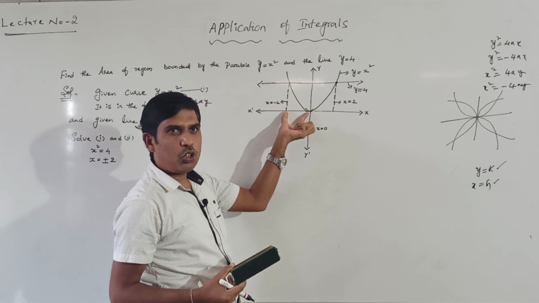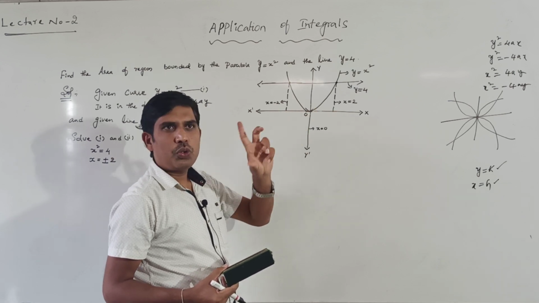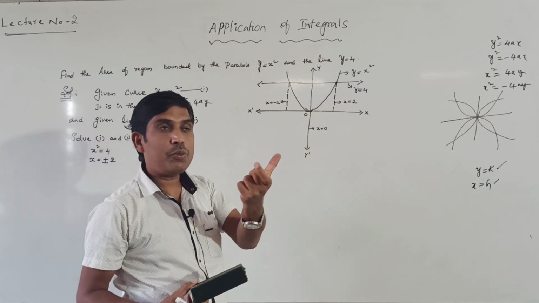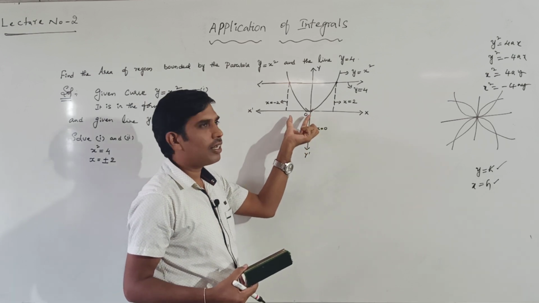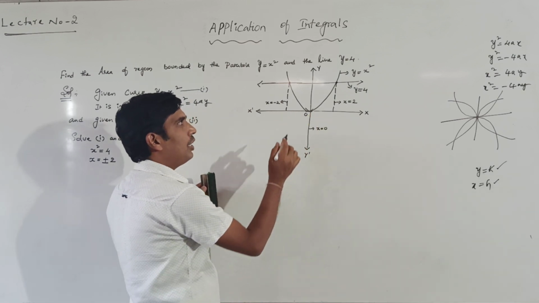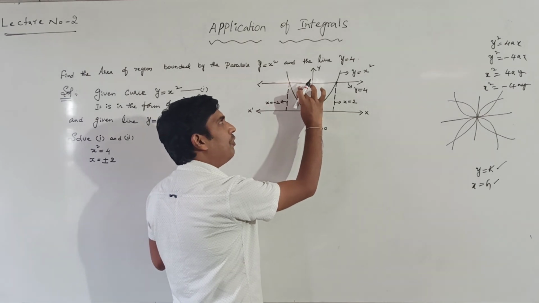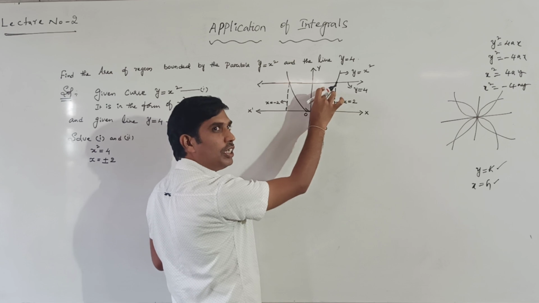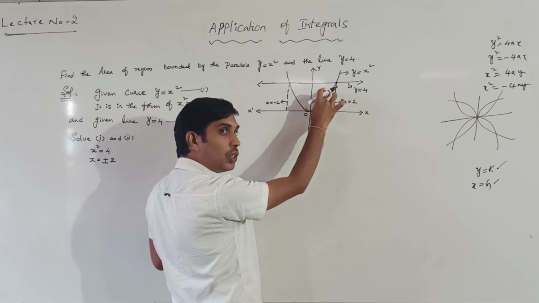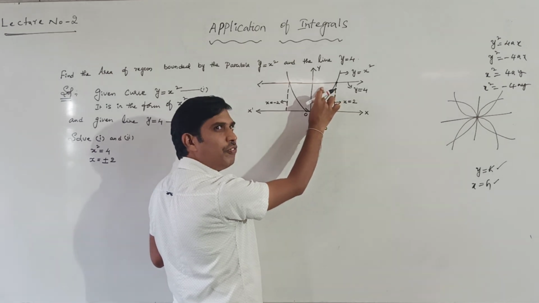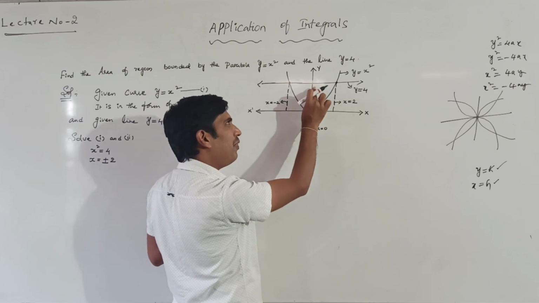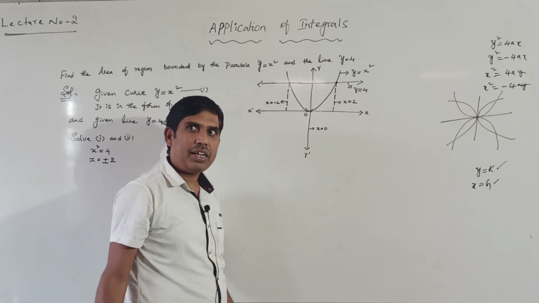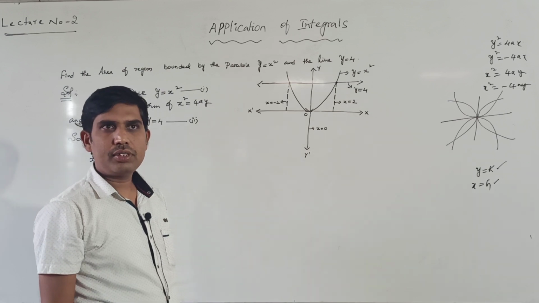Minus 2 to 0, 0 to 2, the width is the same. Here also 2 units, here also 2 units. Means the area bounded here is the same as the area bounded here also. So if you calculate one part area and multiply with 2, the total area will come. Understood?